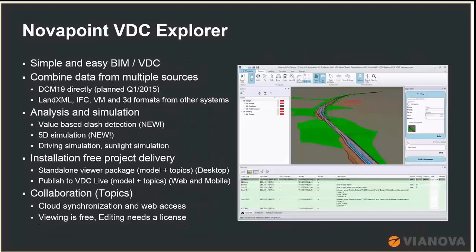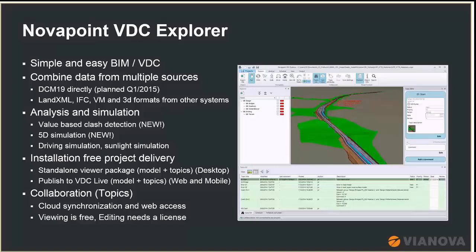Shortly about the products, VDC Explorer is a simple and easy to use standalone BIM tool for combining data from multiple sources. We import open standards, we import Virtual Map, and we will also import DCM at the start of next year with the updated version. The main reason we need VDC Explorer is that when you do a BIM project, one of the key elements is the clash detection tool.